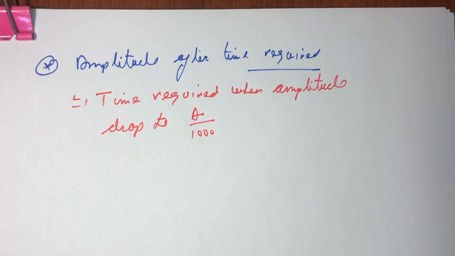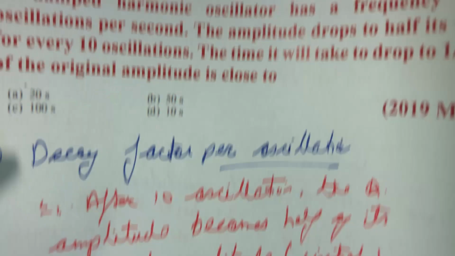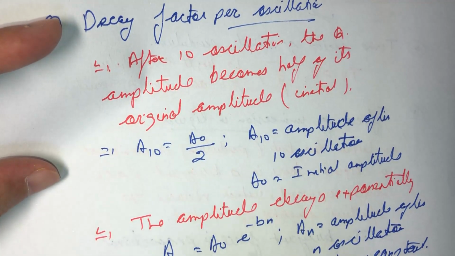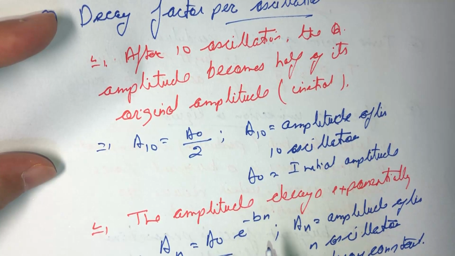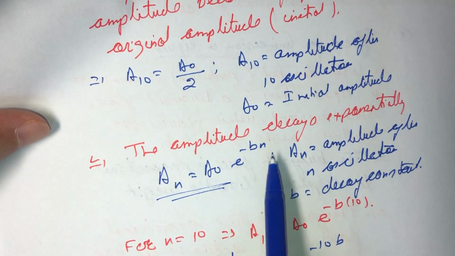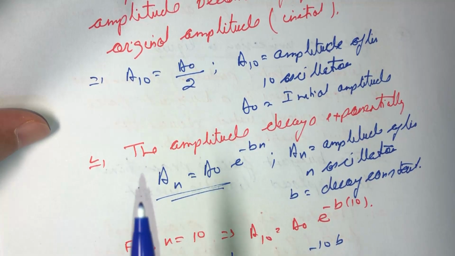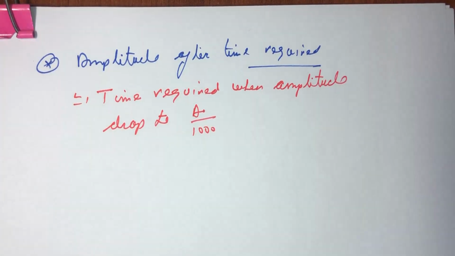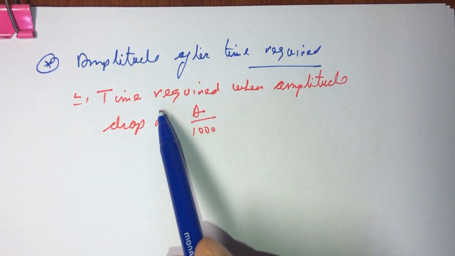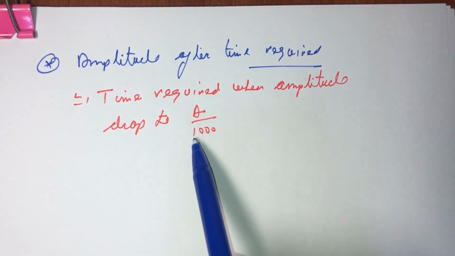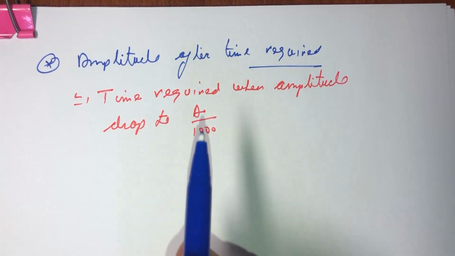So once again we are going to use this equation, and we are going to find out the value of n, the number of oscillations required for the particular condition, that is when the amplitude drops to A naught divided by 1000.